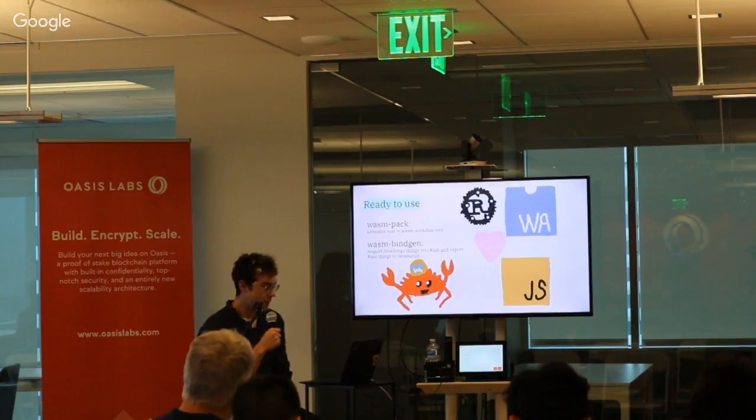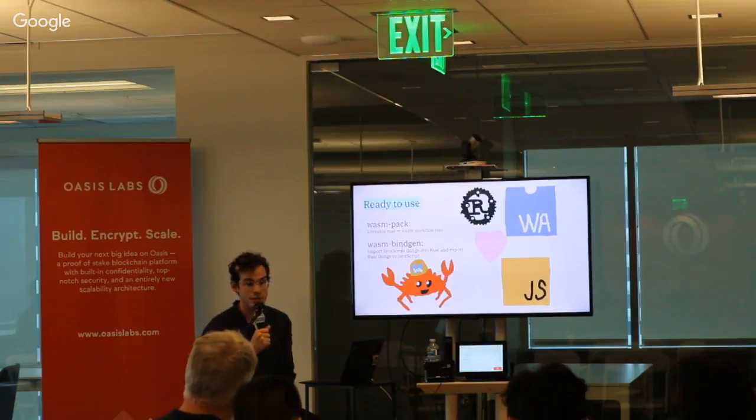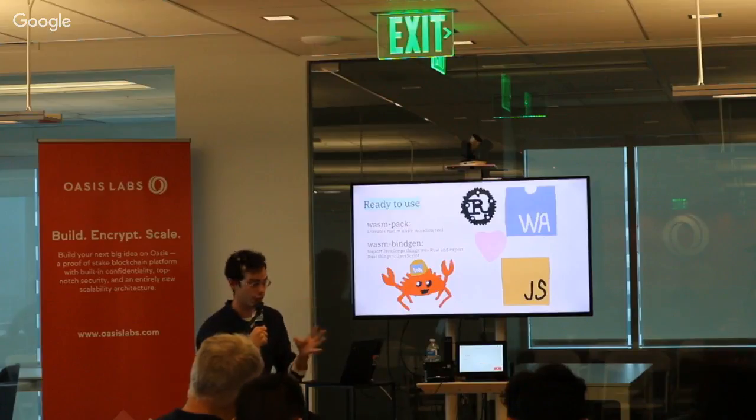And wasm-bindgen is a really cool tool which tries to bridge some of the differences when you're calling between Rust code and JavaScript code in both directions, functions or encoding objects or whatever. It does the mapping so that you don't have to think about the fact that a Rust function and a JavaScript function are different things, and it builds the bindings for you.